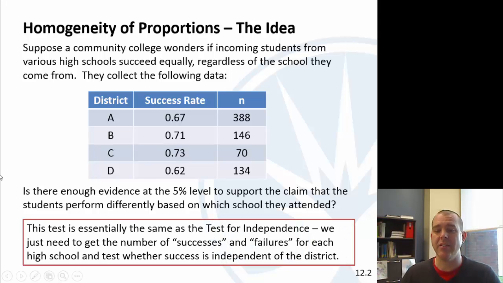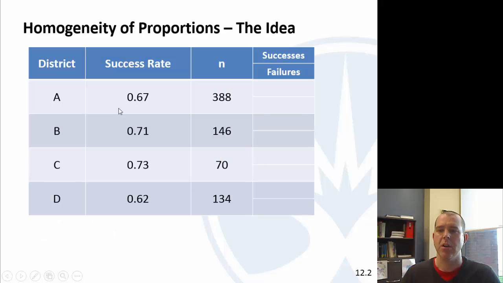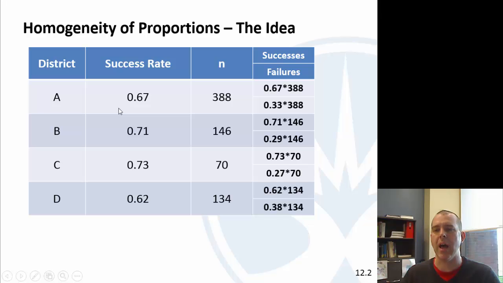So this test is essentially going to be the same as the test for independence. We're going to get the number of successes and failures and then try to determine whether success is independent of district. Here's the null hypothesis: we assume they're all equal, and the alternative is at least one is different from the others. If 67% of them were successful, we'll just multiply to get the number of successes, and if we do the complement, that'll give us the number of failures.